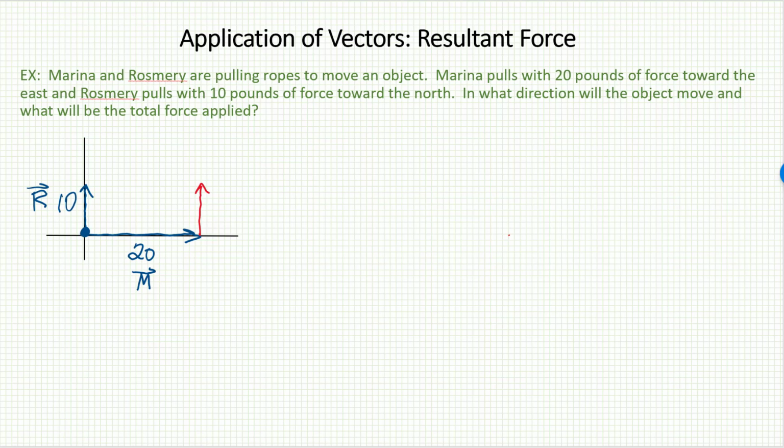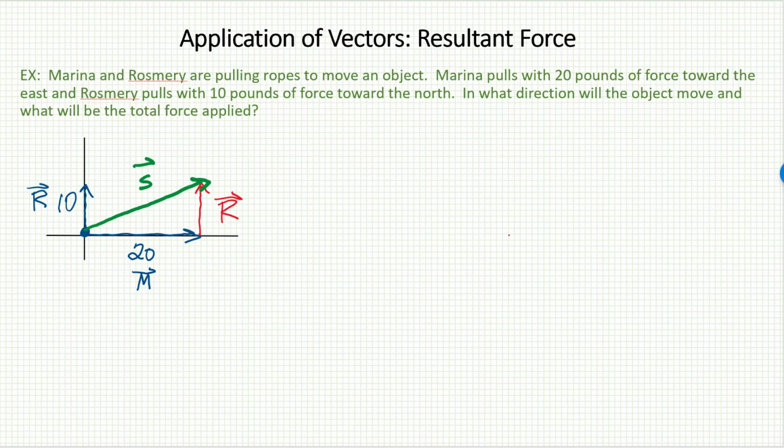Same vector, right? I can move them anywhere I want. The resultant vector goes from the very start to the very end. So here is the resultant vector. How about I use S for the sum of those two vectors? Vector M plus vector R equals vector S.